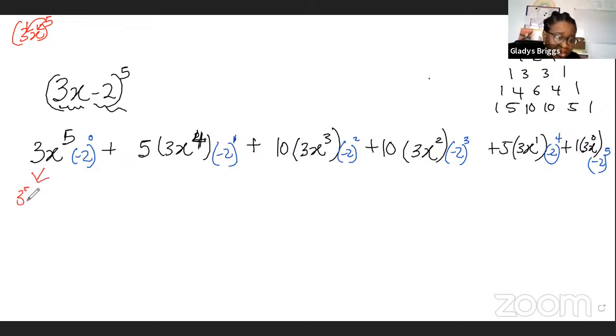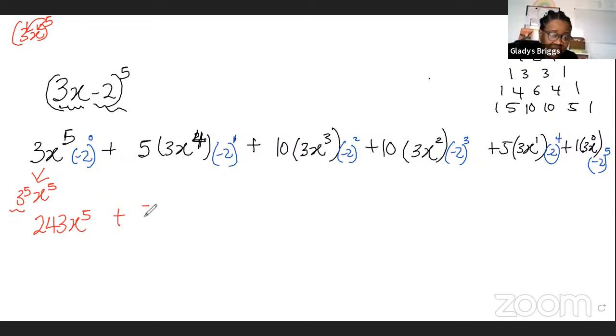3 to the power of 5, x to the power of 5, yeah? So that's going to give you 243 x to the power of 5, because 3 to the power of 5 is 243, and any number raised to the power of 0 is 1, so that's the power of 1, okay?